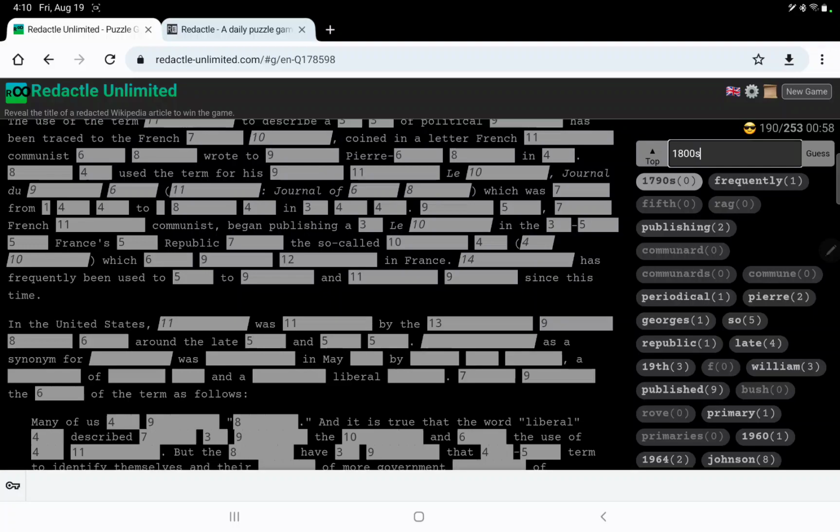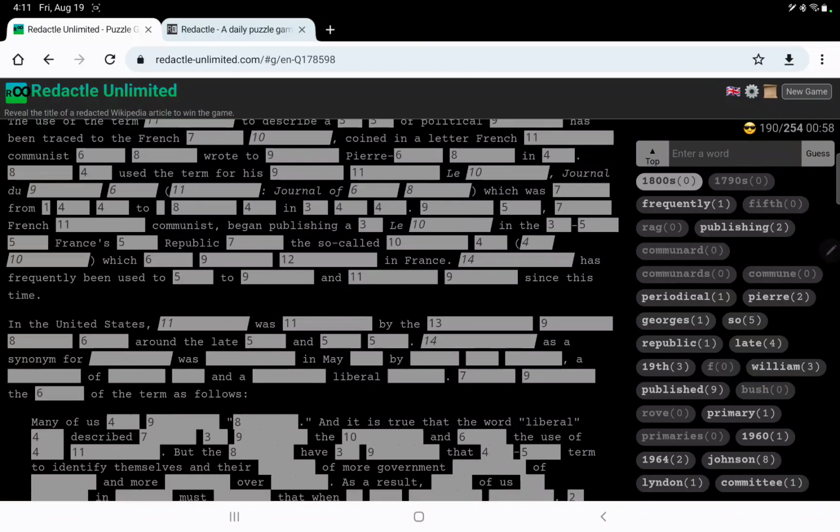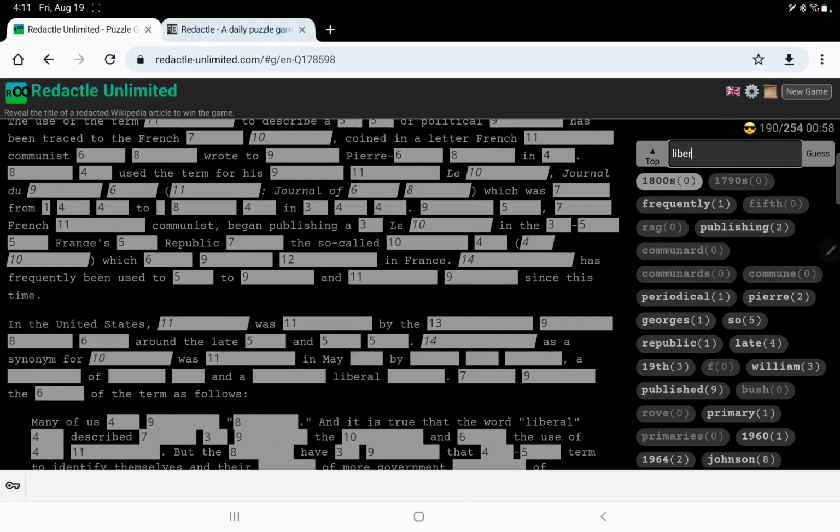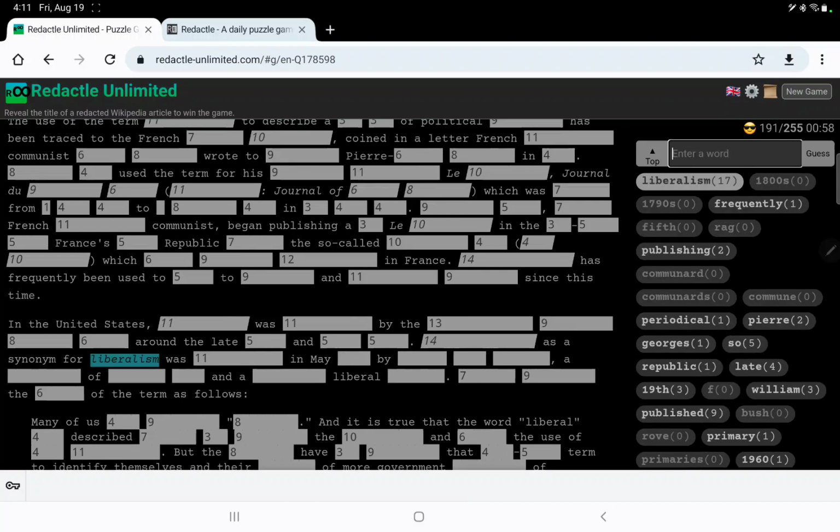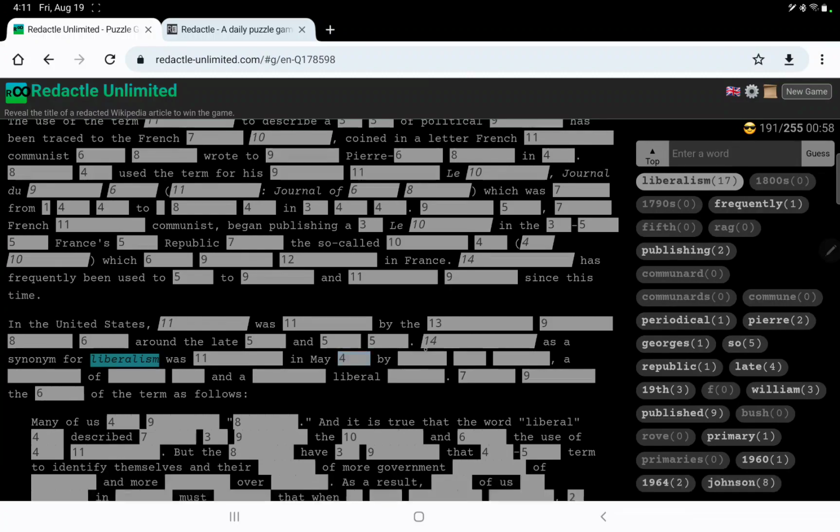No. 1800s? No. 14 as a synonym for 10. Liberalism, okay, was something in May some year by 647, a 9 of 7-4, and a 9 liberal 7.